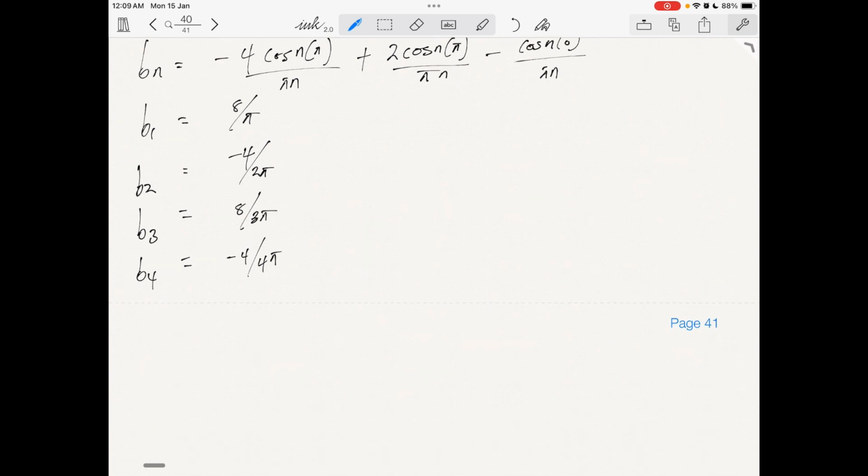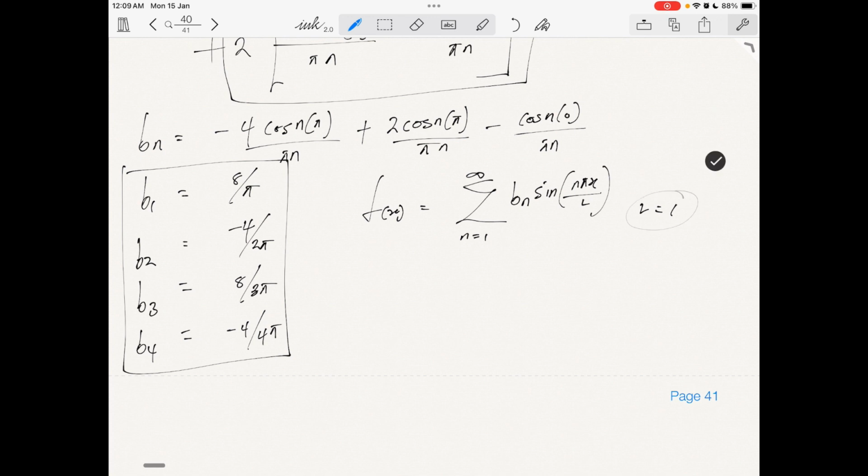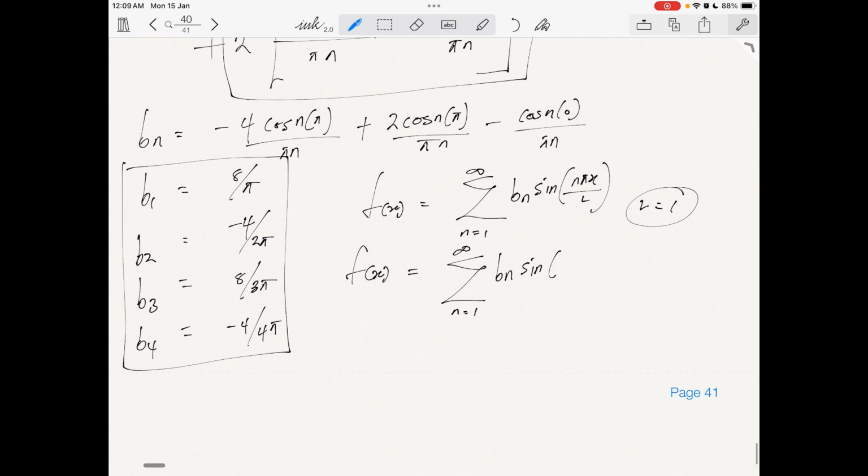Now, after being able to evaluate B1, B2, B3, and B4, we recall that our f of x for this series is equal to the summation of n equals 1 to infinity of Bn sine n pi x over L. Since our L is equal to 1, therefore f of x is equal to the summation of n equals 1 to infinity of Bn sine n pi x.